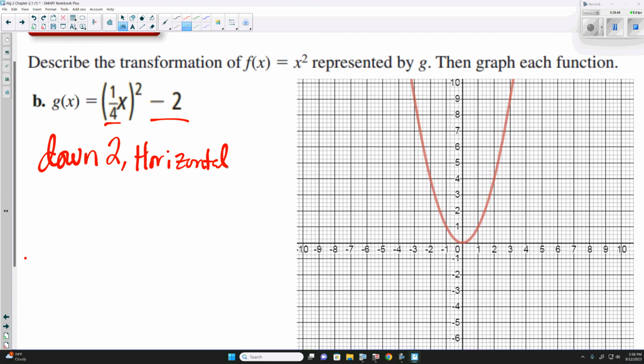Exactly, so it should be a horizontal stretch of 4, because we've got to flip it. So the only one we have to actually flip is stretch or shrink with horizontal. Left to right, we already take care of kind of the opposite of what we think it is. So we get this here. Questions on any of this so far? We ready for the next one?